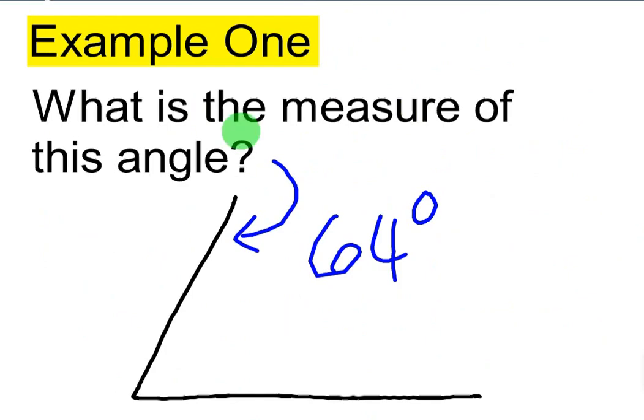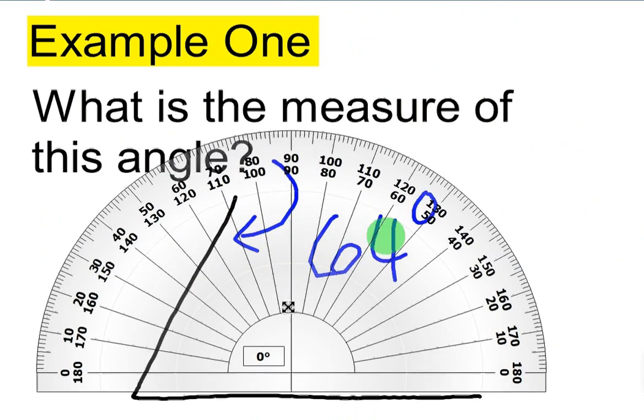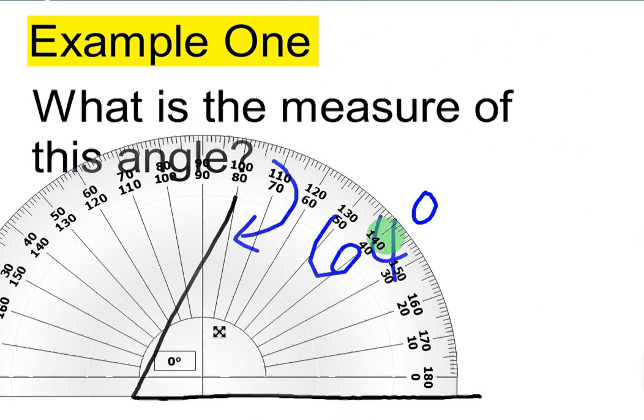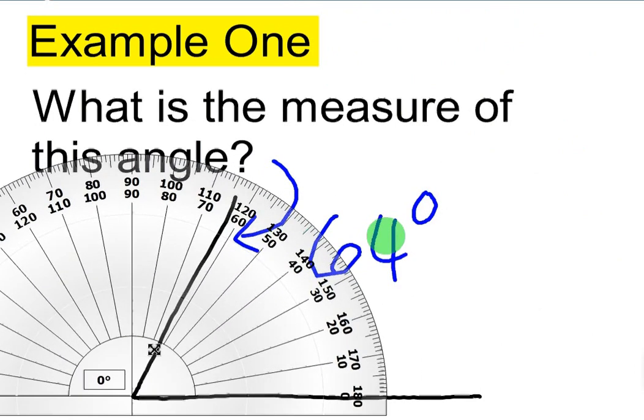So what is the measure of this angle? I've already got it written out here because I've done this lesson with my students before. I'm going to pull up the tool and show you how to do this. Here we have the protractor, and the first thing you're going to do is set the protractor so that the crosshairs are right on the vertex of the point.